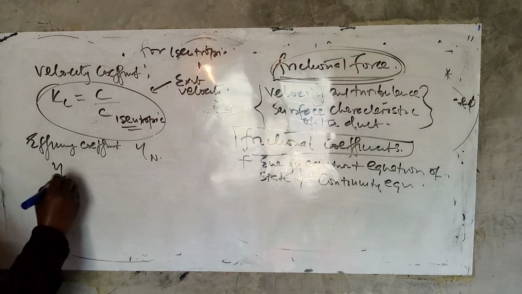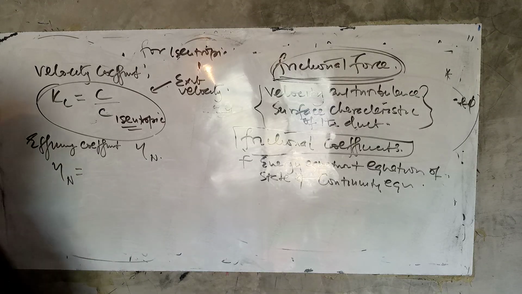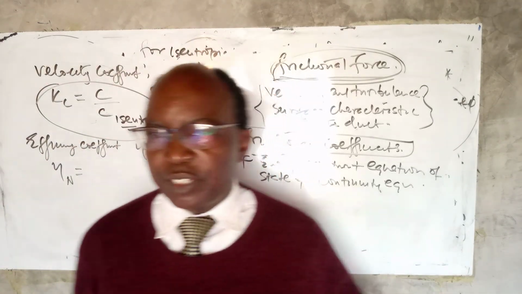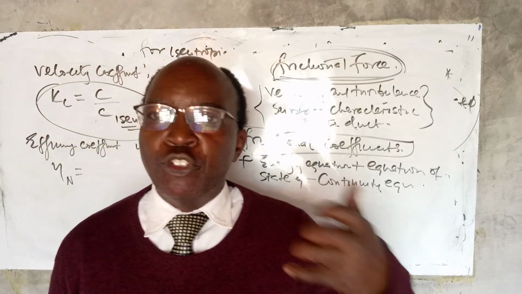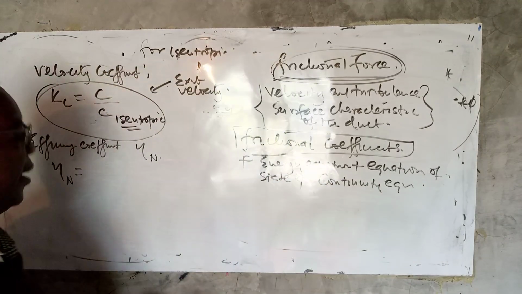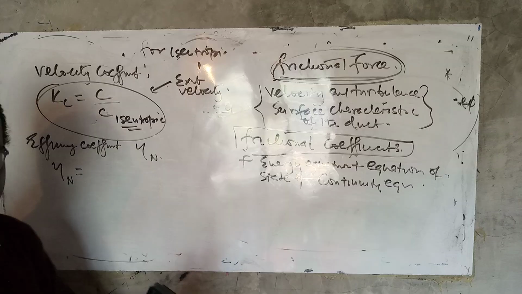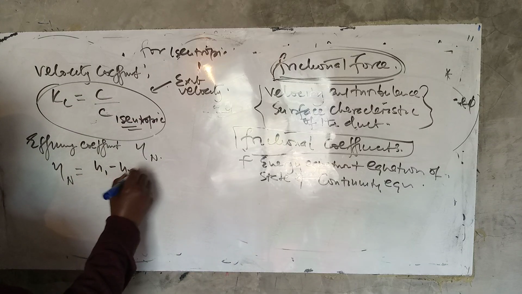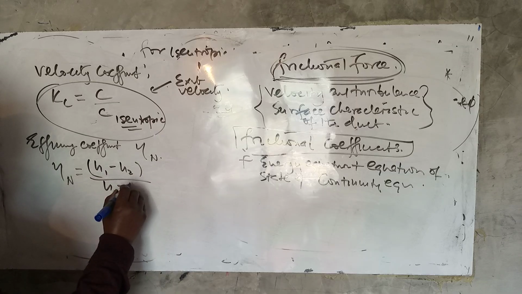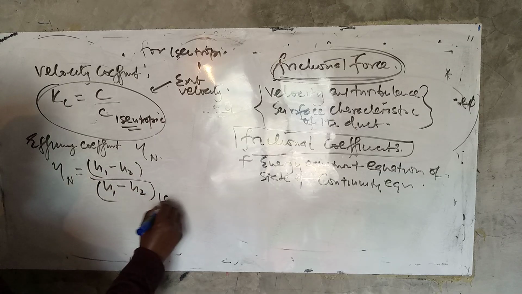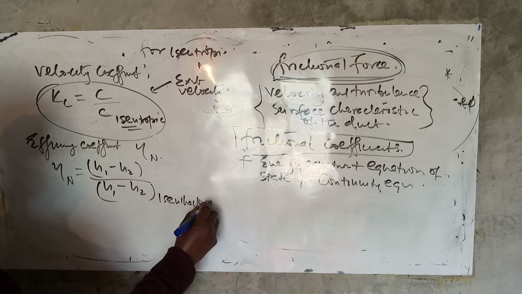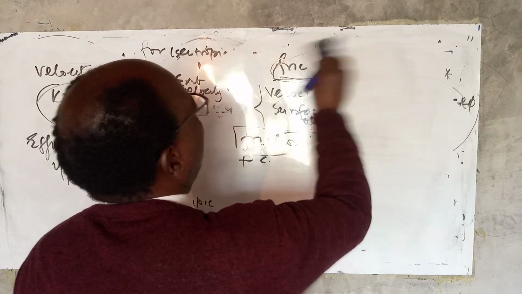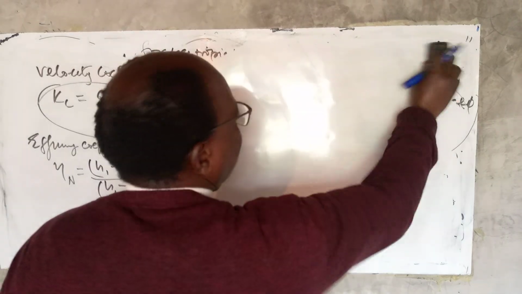And that eta n, the efficiency coefficient of that nozzle, is related to the enthalpy drop under those conditions and under isenthalpic conditions: H1 minus H2, and H1 minus H2 under isenthalpic conditions. What does this mean? I want to focus on this because we have discussed it in our very, very earlier lectures on nozzles.